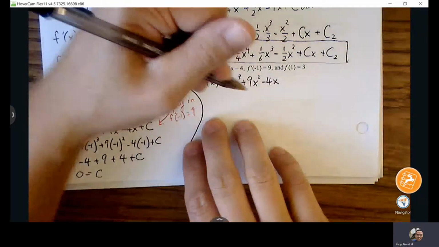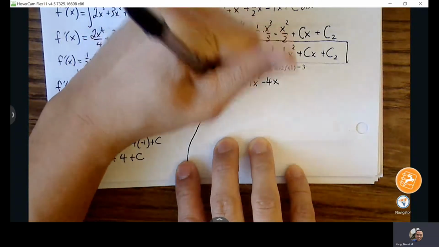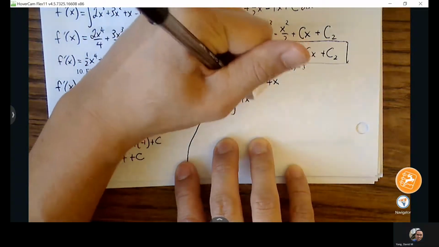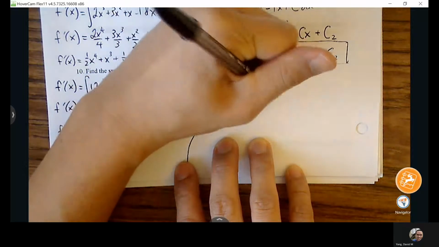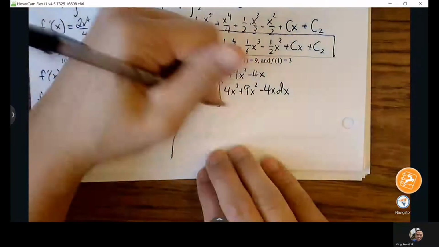Okay, moving on. One more antiderivative to apply. Power rule again.